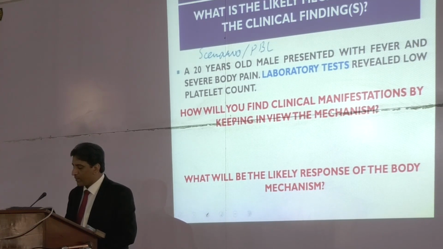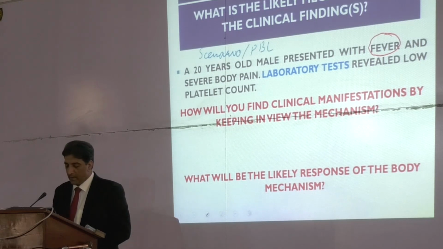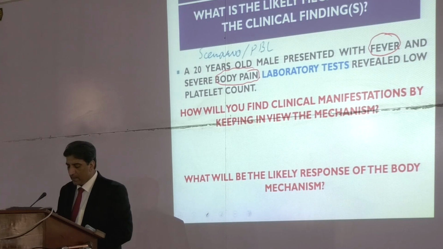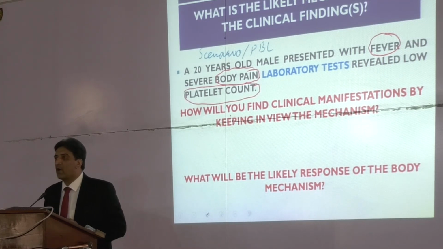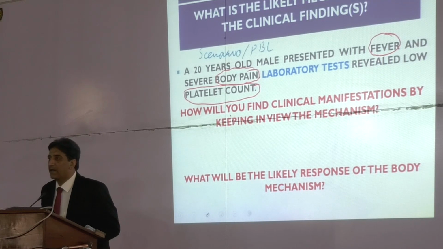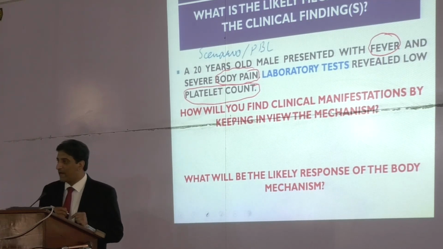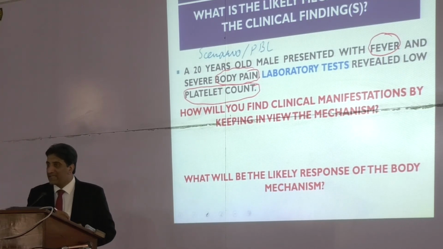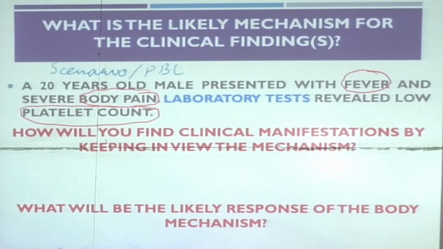Fever is a trigger point. Body pain is a trigger point. The low platelet count is the trigger point. How is low platelet count related to fever and body aches?